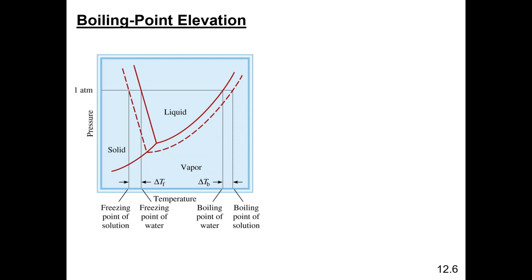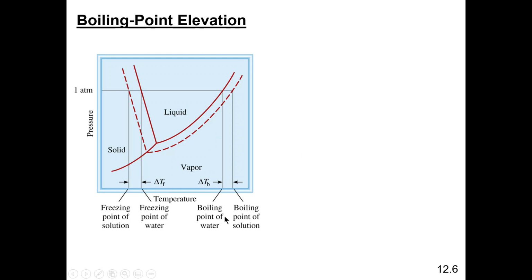So therefore, your engine does not overheat when you add it to the radiator. If the engine gets to a certain temperature, basically the solution will have a cooling effect because its boiling point is higher than that of water. So that's just giving you an idea as to an application of this particular concept.